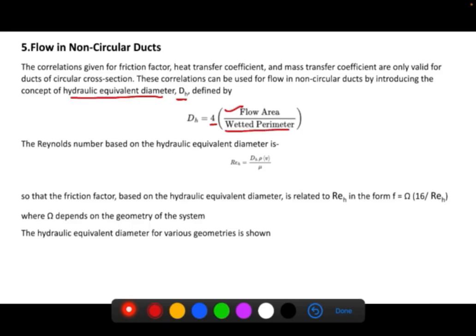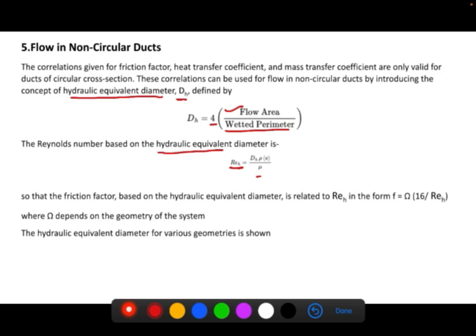The Reynolds number based on the hydraulic equivalent diameter is given as hydraulic equivalent Reynolds number equals DH into rho into V upon mu. Here DH is the hydraulic equivalent diameter, rho is density, V is the velocity, and mu is the viscosity of the fluid.